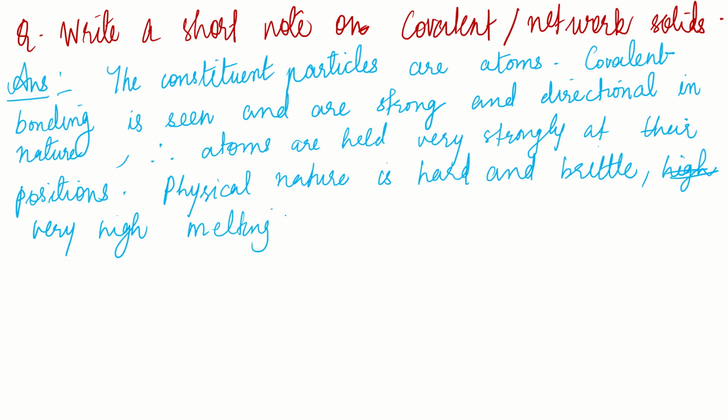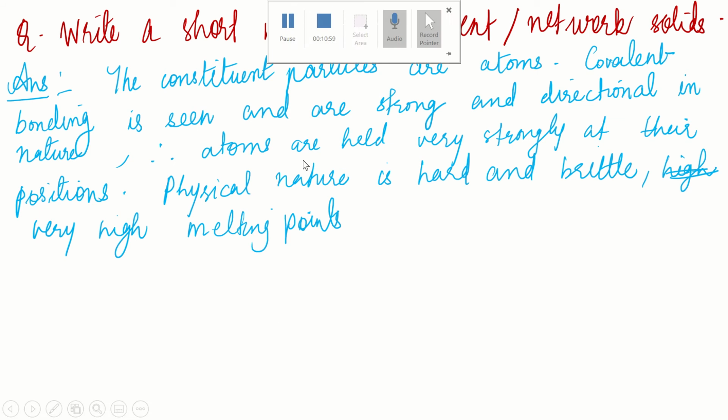I've seen many students, when they write the answer, by mistake they just go along and write very high melting and boiling point. If you write that, you won't get the mark. They will cut your marks. You should only write that the melting point is high. Don't include boiling point here.